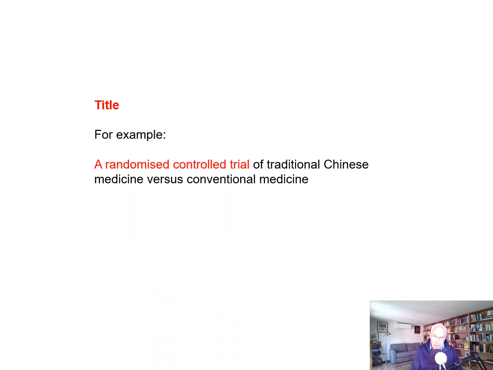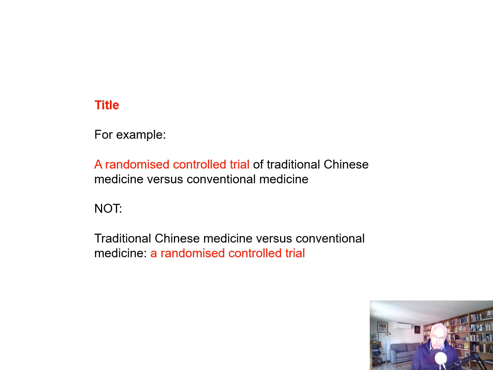Similarly, a randomized controlled trial of traditional Chinese medicine versus conventional medicine is considered better than traditional Chinese medicine versus conventional medicine, a randomized controlled trial. Again, people will be already looking for articles in this subject area, but they will be looking for articles that are of a high level of evidence, and a randomized controlled trial, of course, fulfills that.